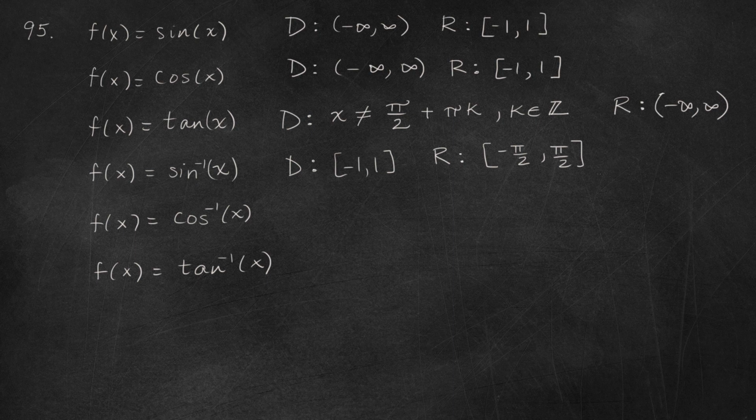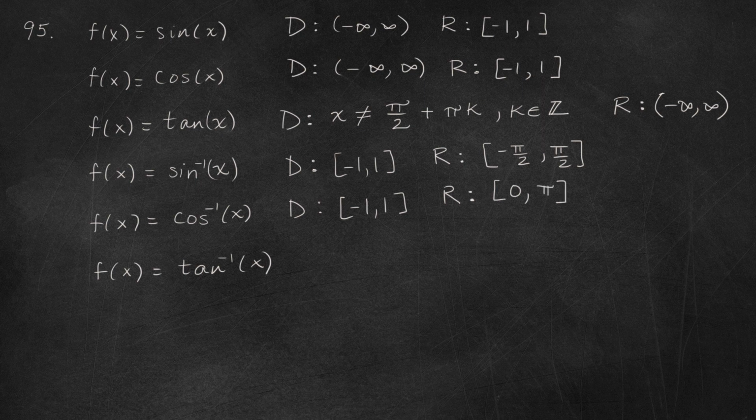If we go outside of that interval, then this will no longer be a function. Cosine inverse, the domain is from negative 1 to 1. The range, as we saw in the previous set of problems, is from 0 to pi.